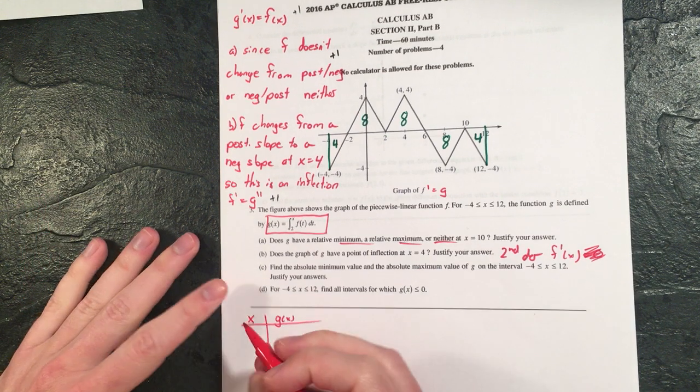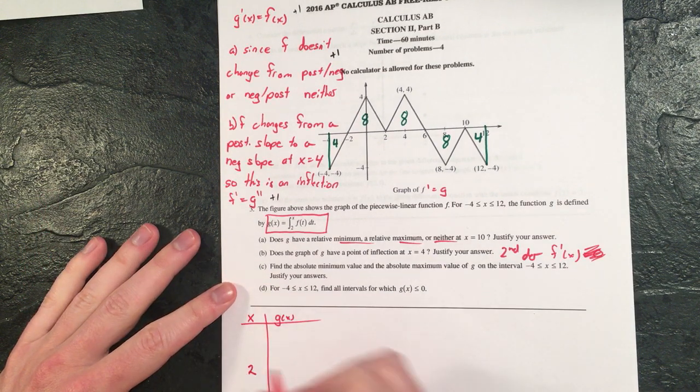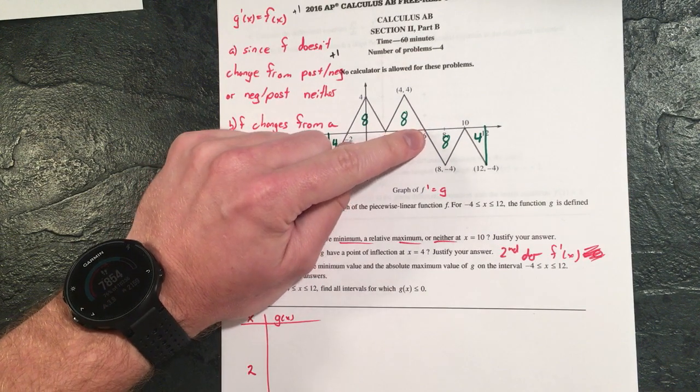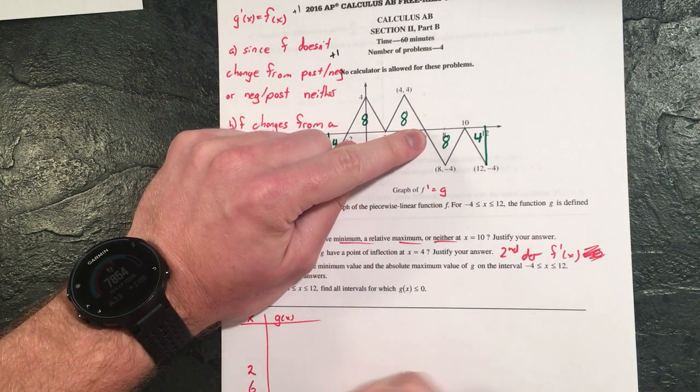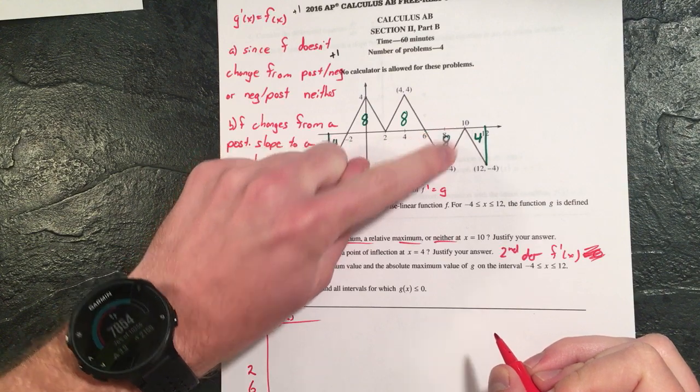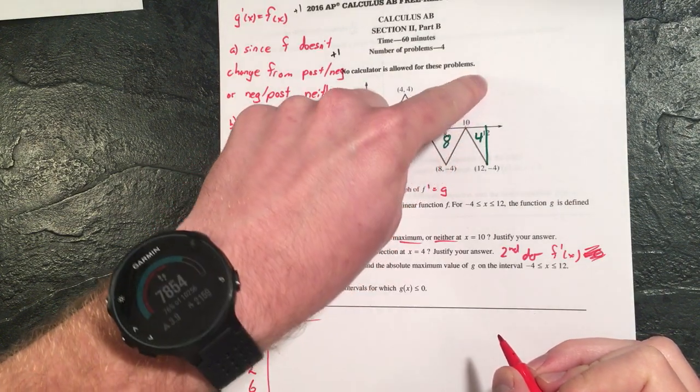So since 2 is our starting point, we want to know where things are shifting from above to below, because those are possible inflection points. So 6 is going to be one that we're concerned with. 10 is not, because although it hits 0, it does not actually change from below the x-axis to above it.